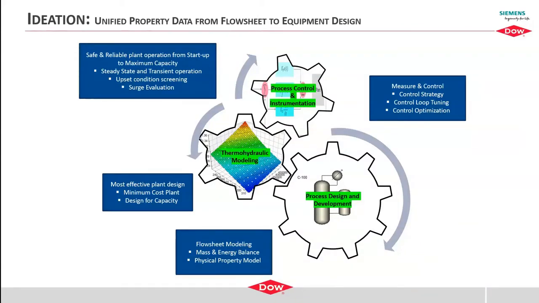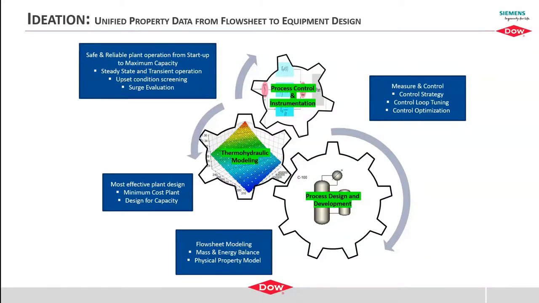Bad quality physical property data within the design process will have direct impact on plant performance, plant operation, equipment cost, and last but not least, on process safety. So it's crucial to use a consistent, qualitative and good data set throughout the entire design process.